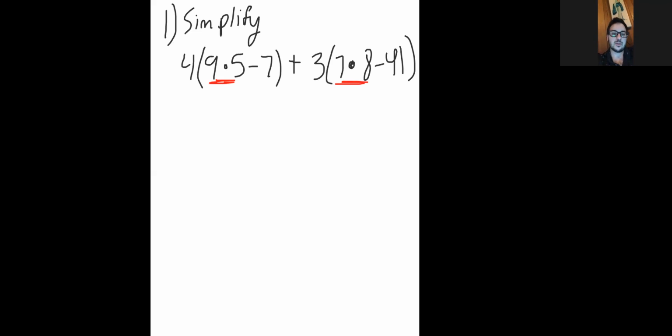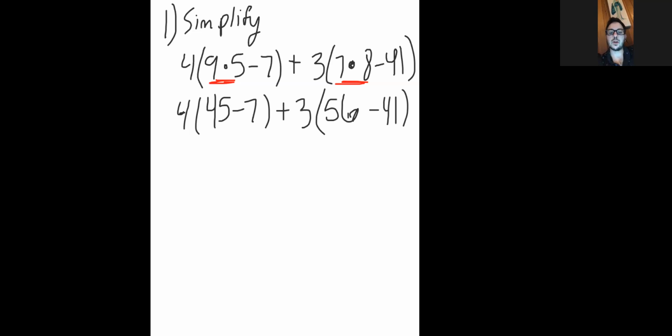So we have 45 minus 7, bring down this 4, plus 3 times 7 times 8, we get 56, minus 41.